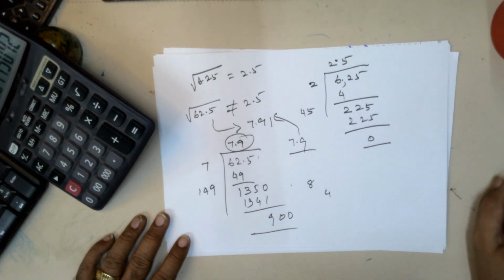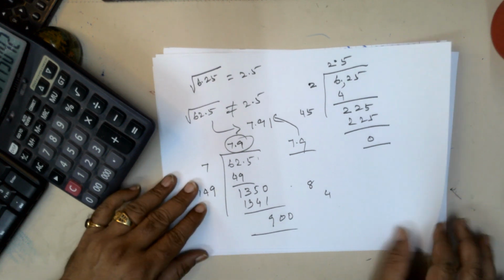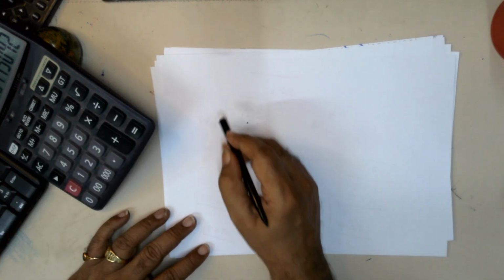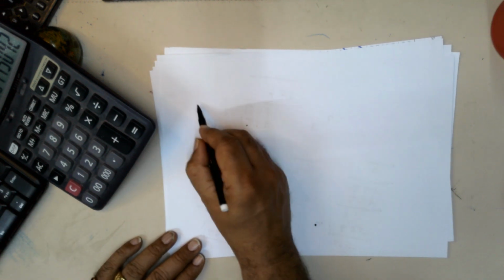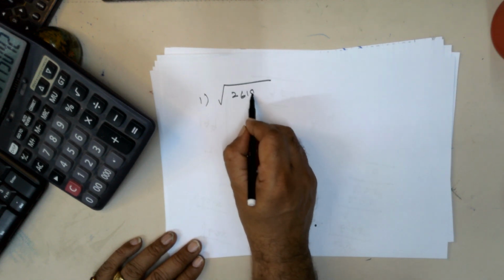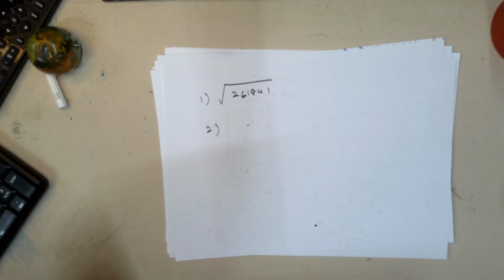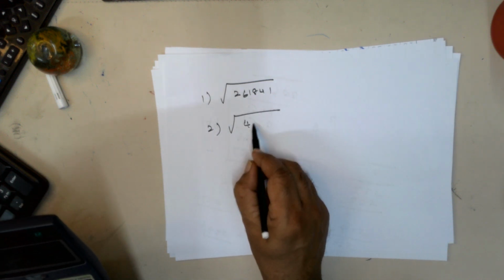Now let me give you some worksheet. Try to solve this, and do it in the book. Find the square root of 261841. Second sum, the square root of 4987.